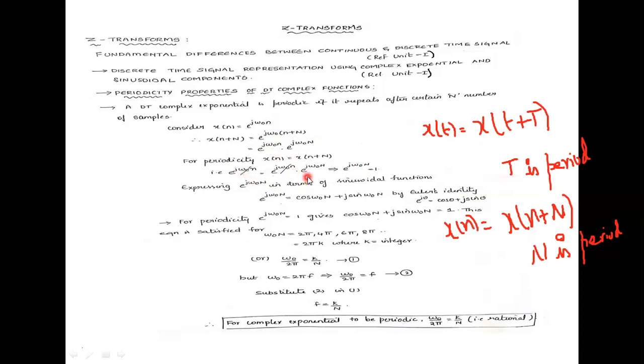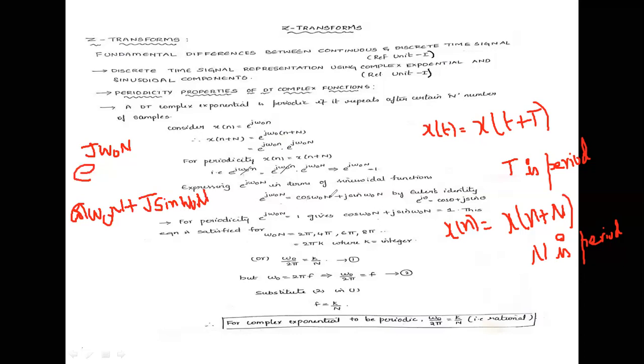Now, what is e power j omega naught N? Here, capital N. You can write it in terms of the cosine and sine functions: cos omega naught n plus j sine omega naught n.